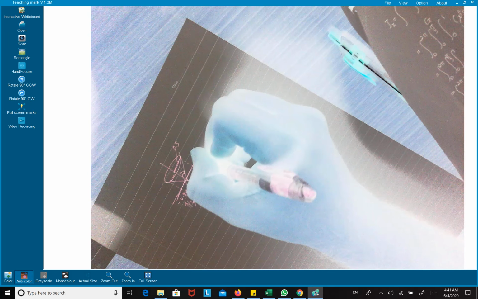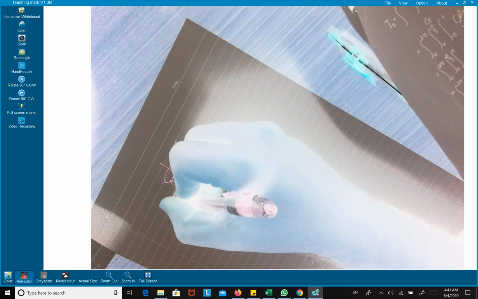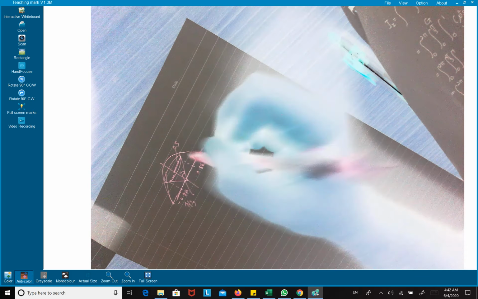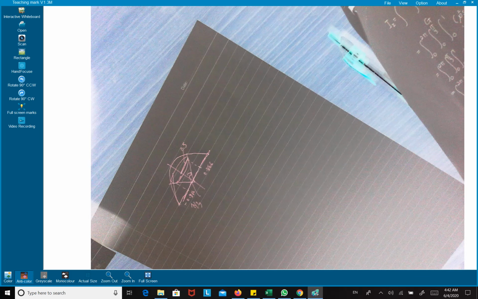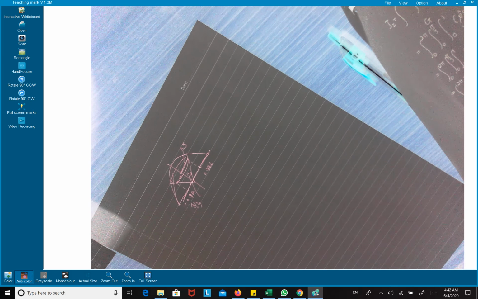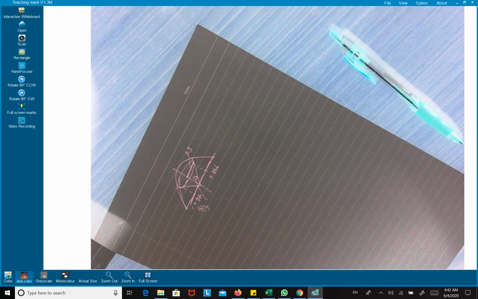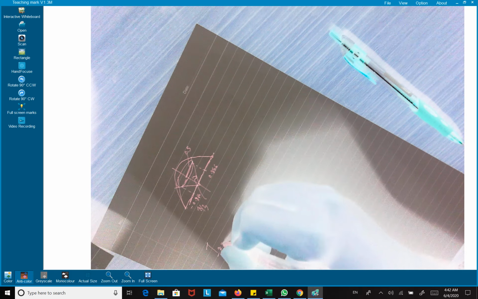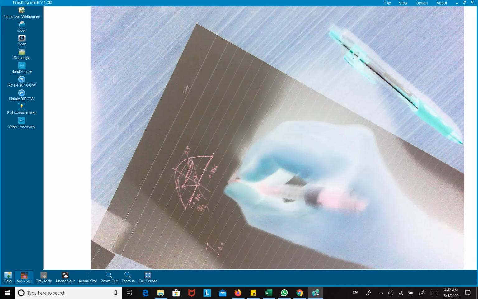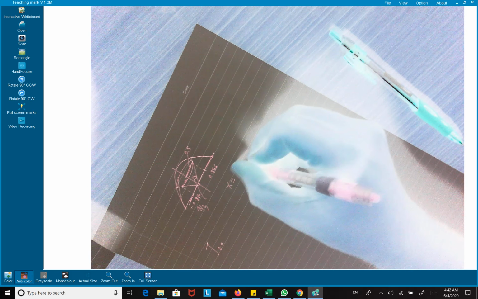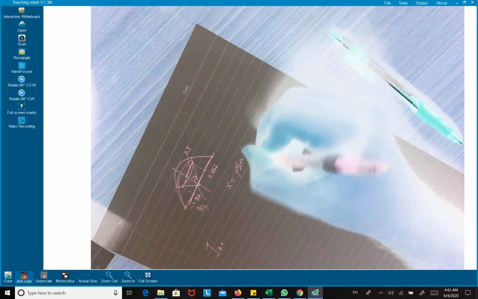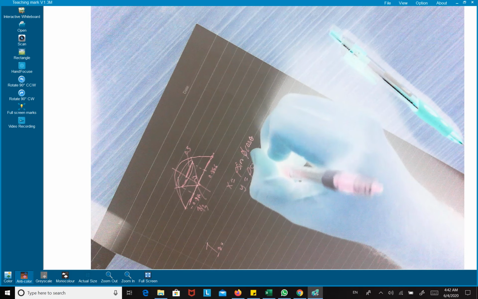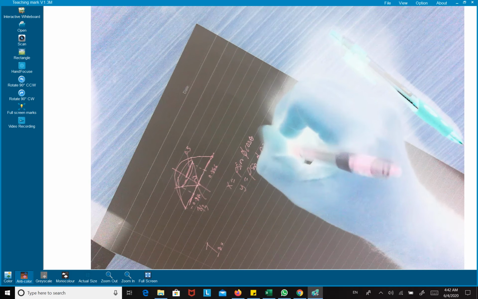So this is the ice cream cone. To continue, Iz will be, remember, x is rho sine phi cos theta, y is rho sine phi sine theta.